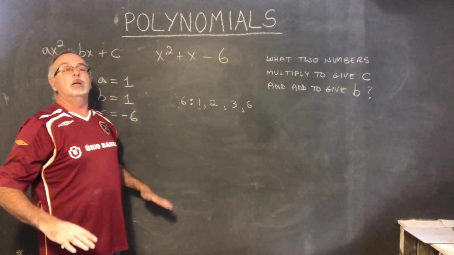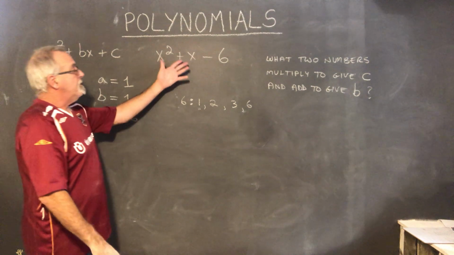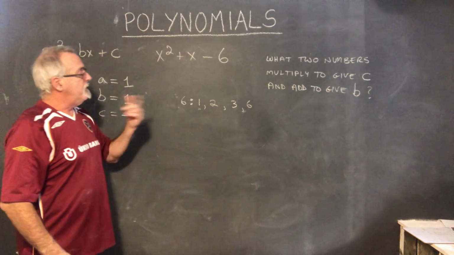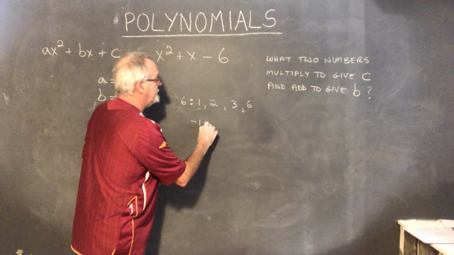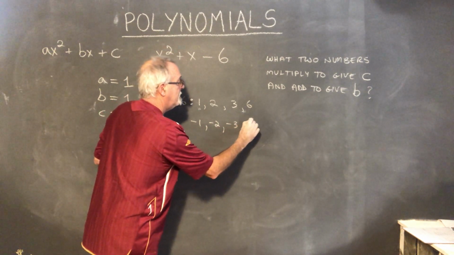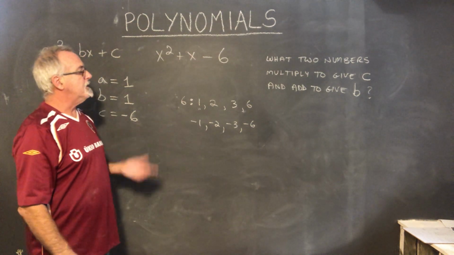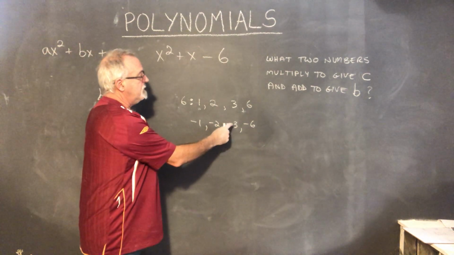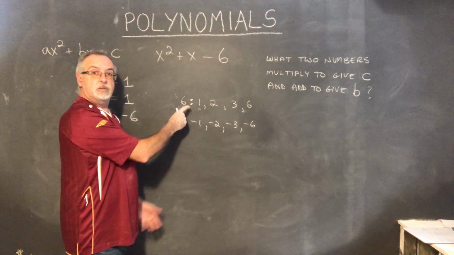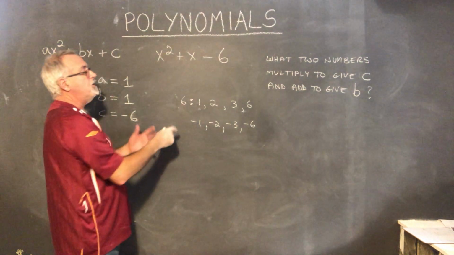But now, because we have reached this high level of math that we're doing, and negative numbers matter, we have to admit that these are also factors of 6. So all the same numbers except with negative signs have to also be factors of 6, because -2 times -3 gives 6. -1 times -6 gives 6. And we don't only care about 6.